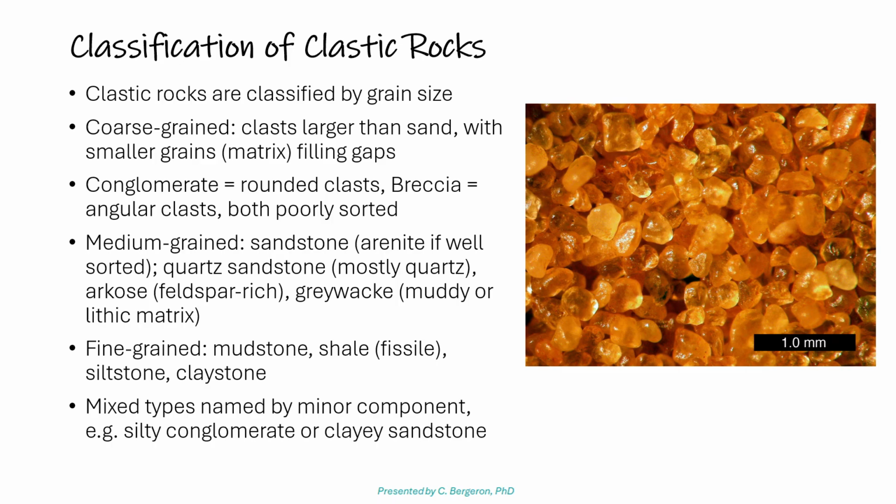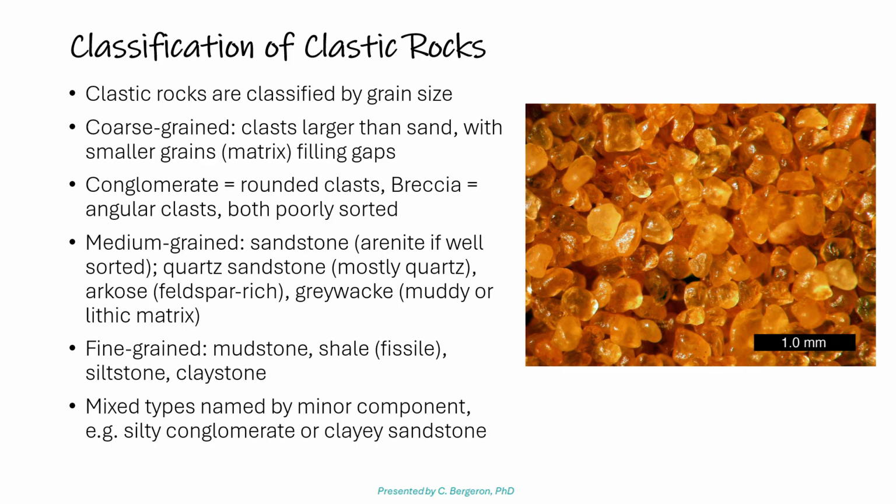Now for your medium-sized grains, sandstone. It's going to be sandstone, your sand-sized grains. It'll also be referred to as arenite if it's very well sorted. Quartz sandstone if it's predominantly quartz. Arkose if the sand-sized grains are predominantly feldspar. And also greywacke if there's a lot of sand grains in there, but they're muddy or have a lithic matrix.